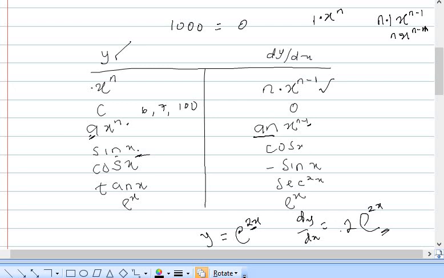So we are going to take a look at simple equations so that we can easily understand.